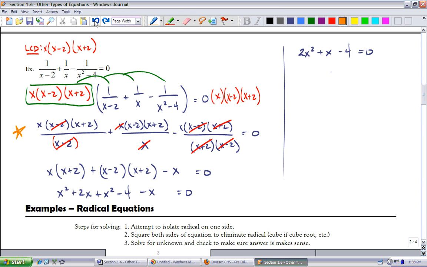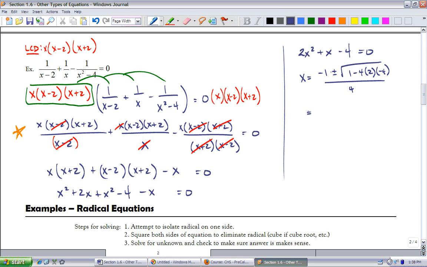Okay, so this does not factor, and I'm going to go ahead and use the quadratic formula, right? So negative b plus or minus the square root of b squared minus 4 times a times c, all over 2a.